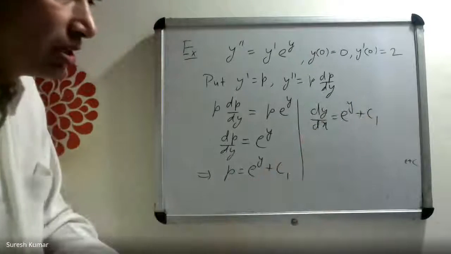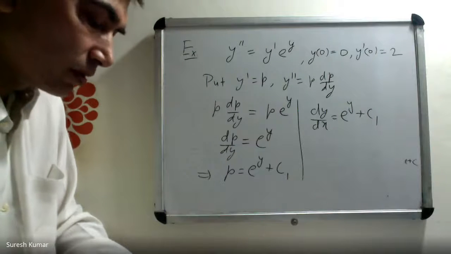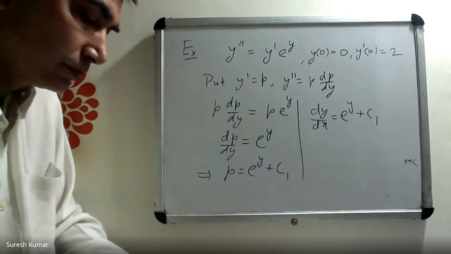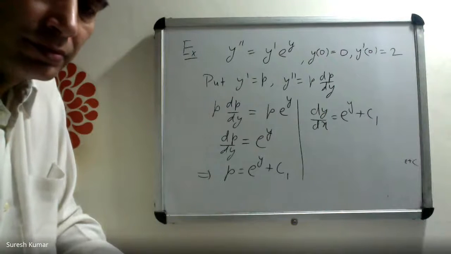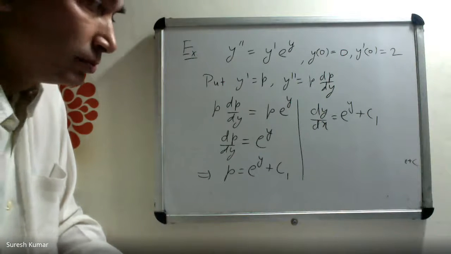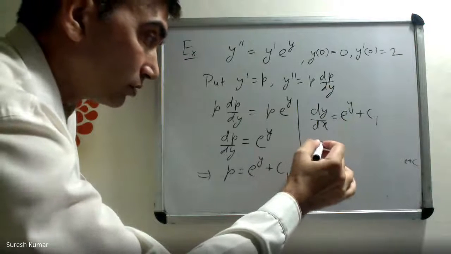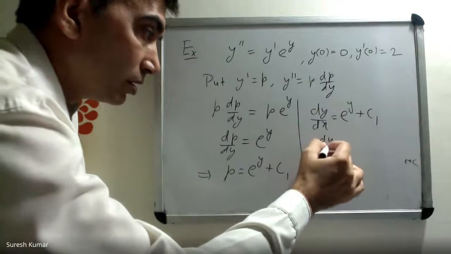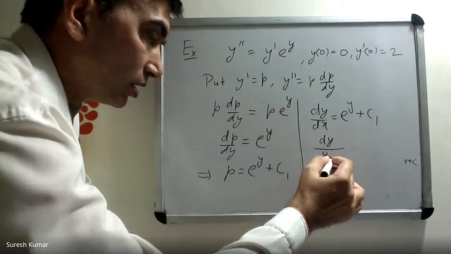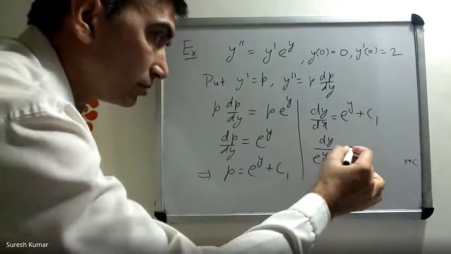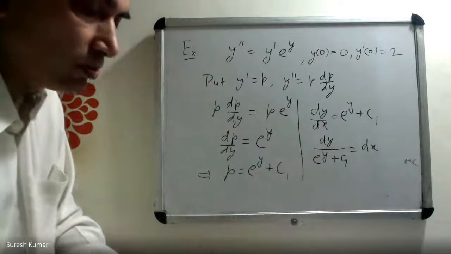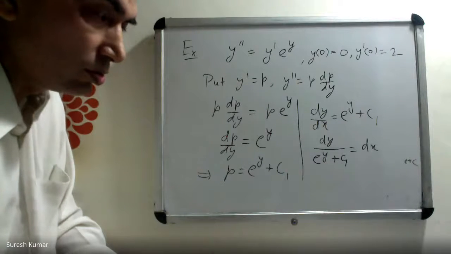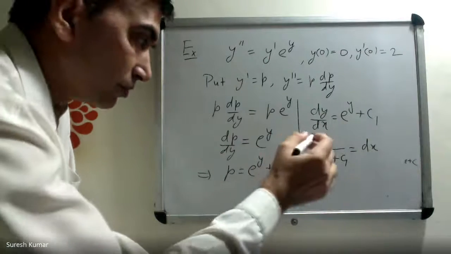Okay, after this I think you can do it. How to do it after this? Dy over e power y plus c1. But integration of 1 over e power y plus c1 is what? You need to do some manipulation.